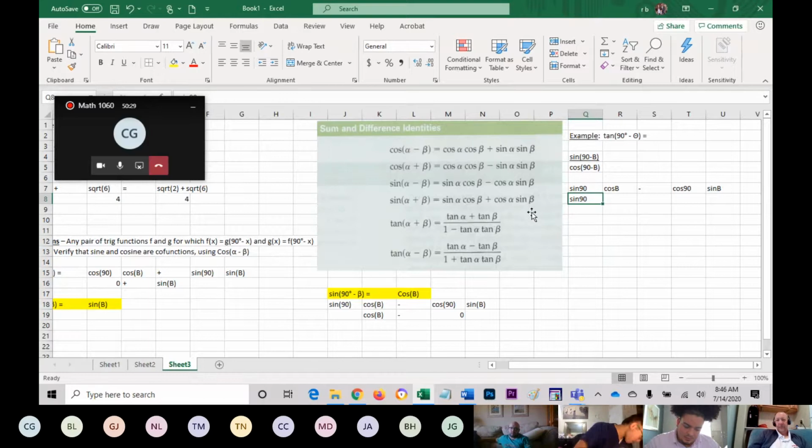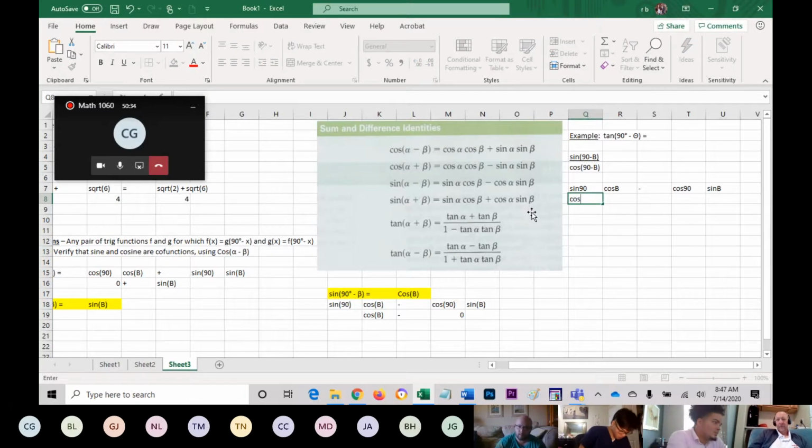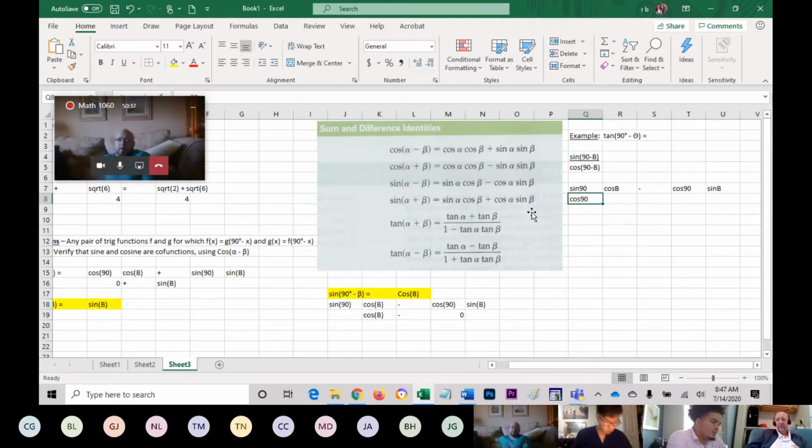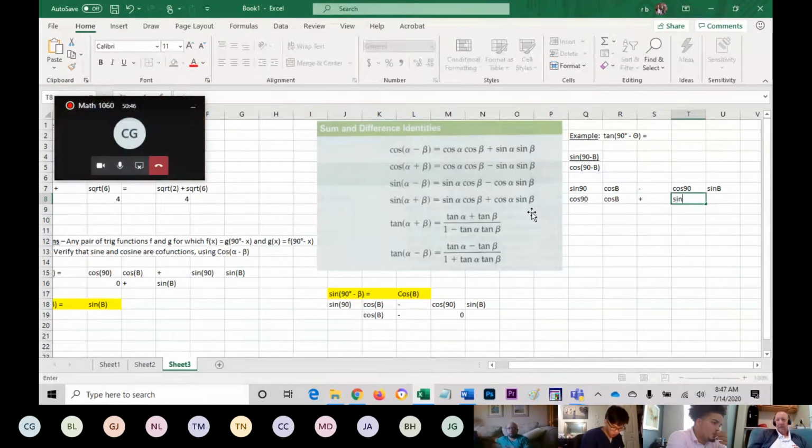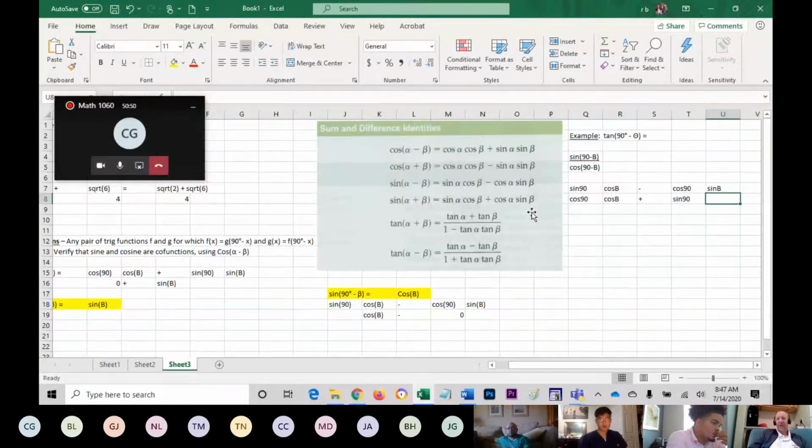So cosine of 90 and the cosine of beta plus the sine of 90 and sine of beta. We don't believe in sin in this class. They're sines. Okay. All right.